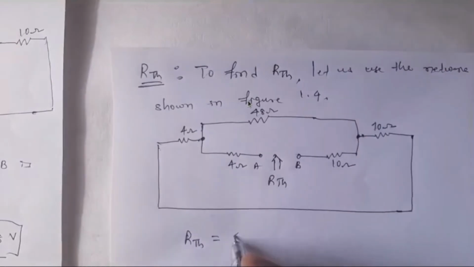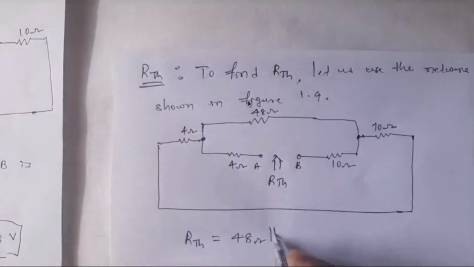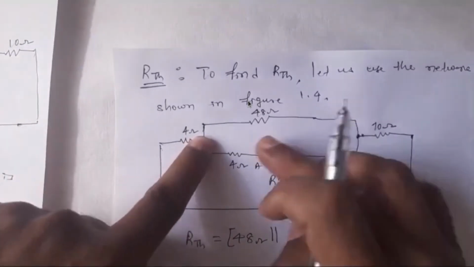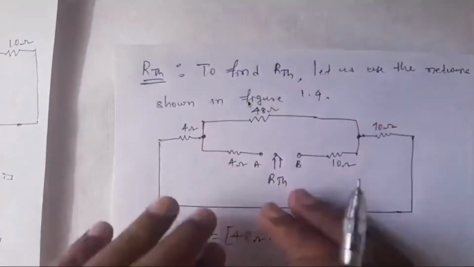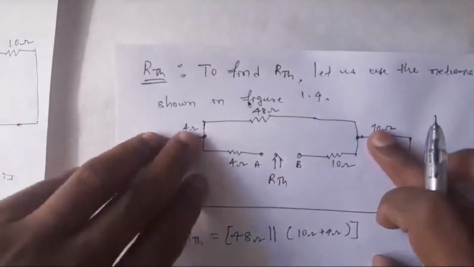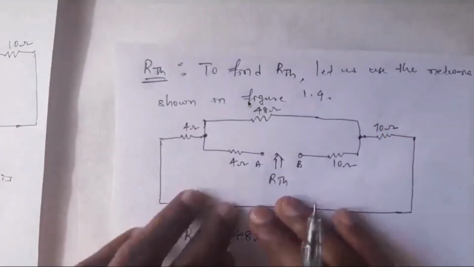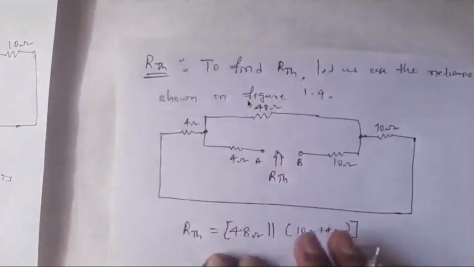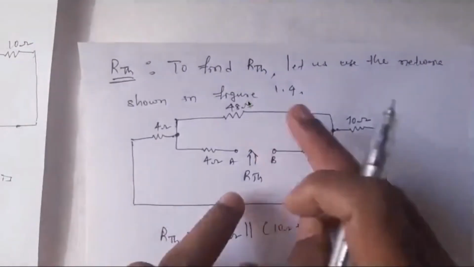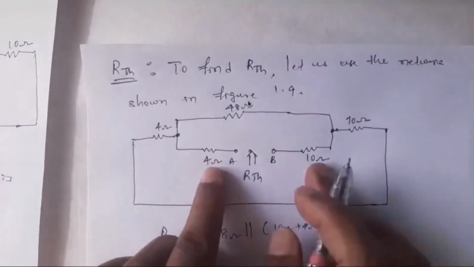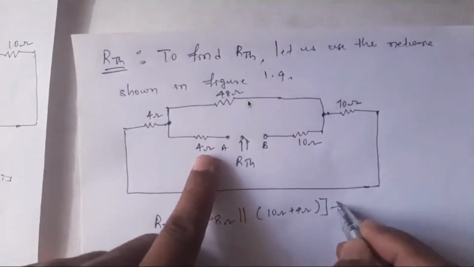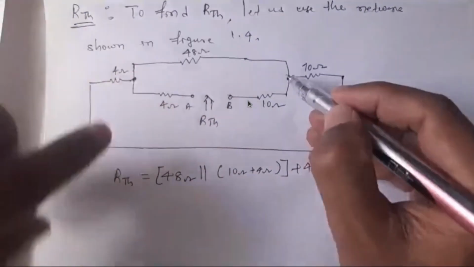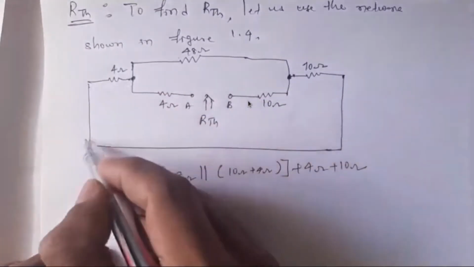This 10 ohm and 4 ohm, 14 ohm, is in parallel with 4 ohm, and everything will be replaced by only one combination. That combination is in series with these two, 4 ohm plus 10 ohm.